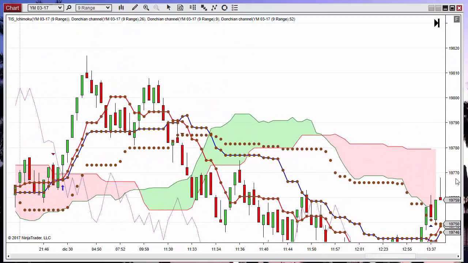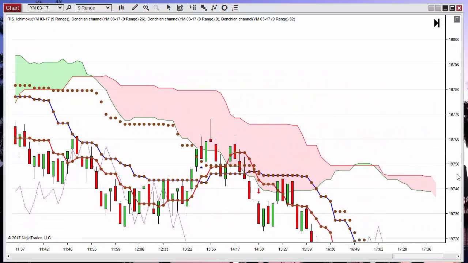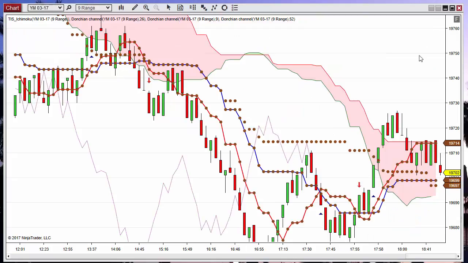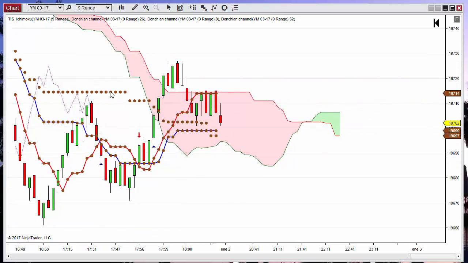But if we look at the cloud, we can see that it is displaced to the right. So we need to do the same with the Donchian.